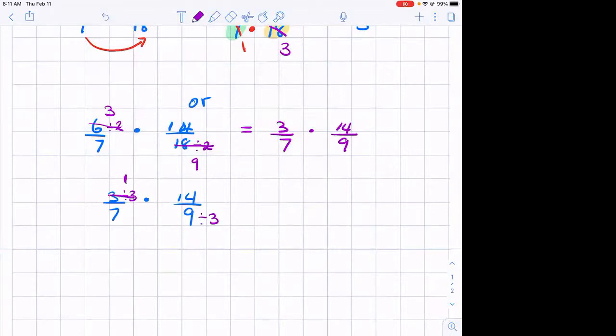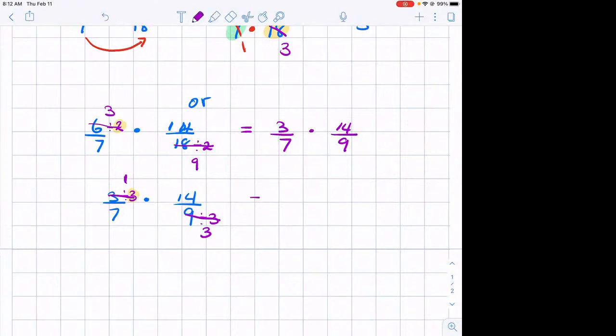And 3 divided by 3 is 1, and 9 divided by 3 is 3. So you can go with 2 and then try 3, or you could have tried 6 and then you would have had to only do it once.